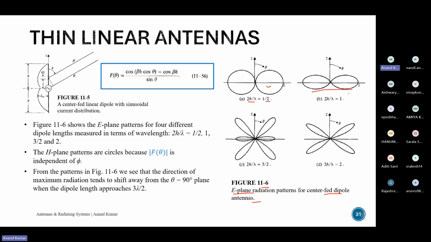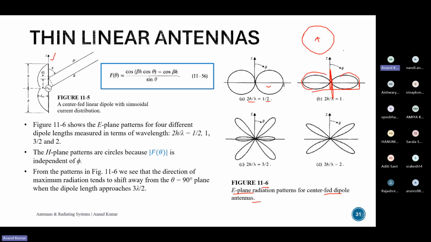For a dipole, the pattern changes, but we still have the maximum radiation. As seen in the figure, this is the z-axis, the dipole is at the center, and we have radiation on both sides. This is the cross section. So essentially, if you look from the top, it will be radiating like this, with the dipole pointing in the up direction.